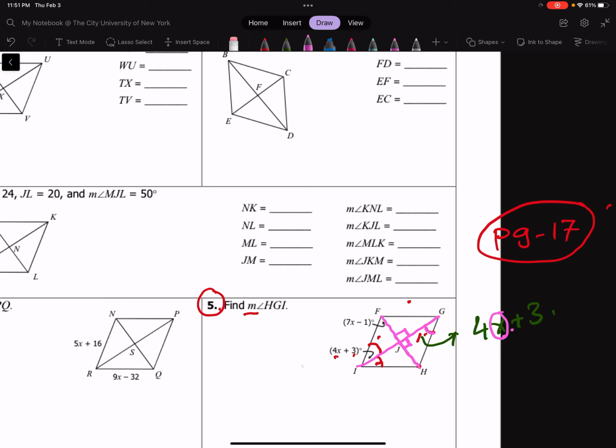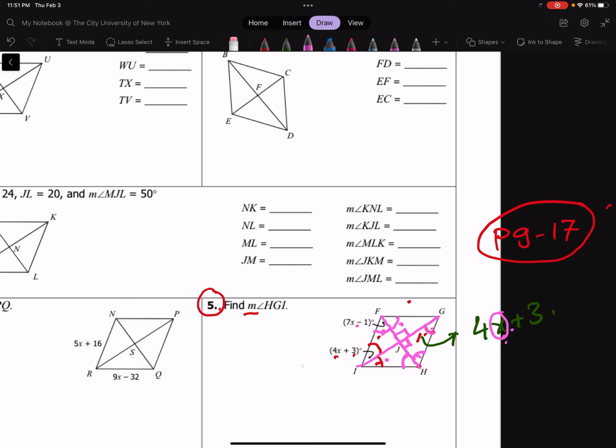If you can find this angle, then you can form an equation to find the unknown. So how can you do that? You can say this angle is congruent to this angle, and this angle is congruent to this angle, so this angle is congruent to this angle.